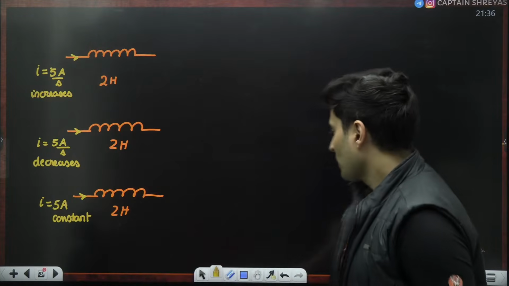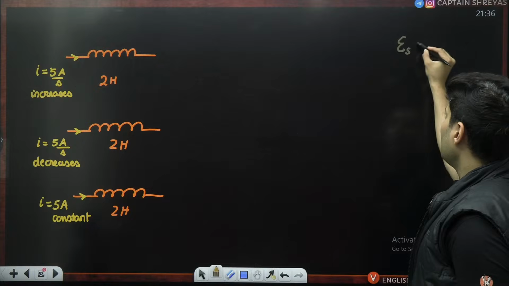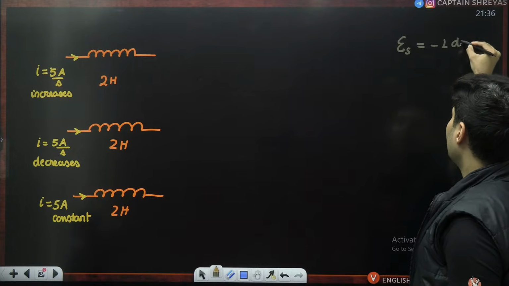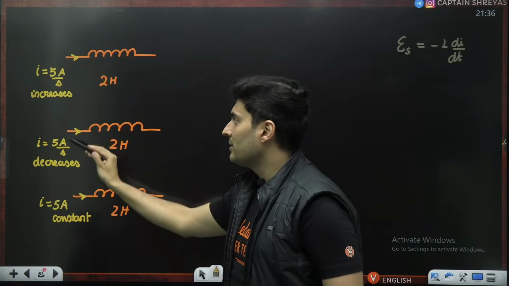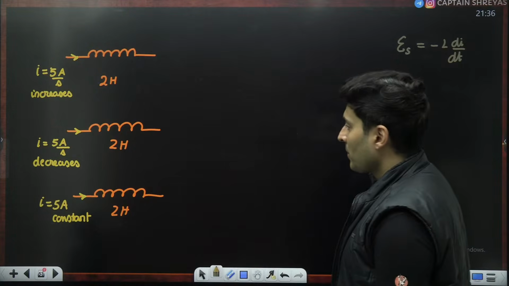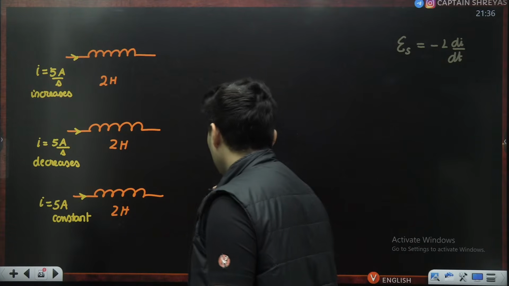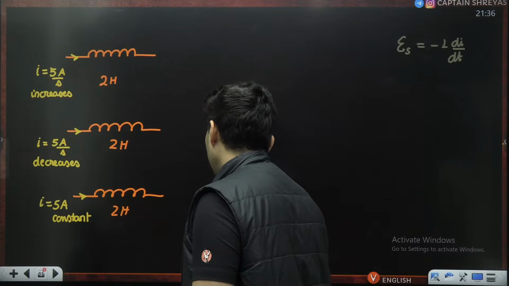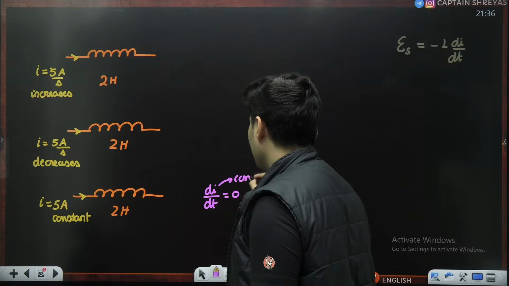I'll tell you. Do not forget our equation. The self-inductance EMF is negative L di by dt. Di by dt is given here. L is already mentioned, 2 Henry. If you notice here, current is constant. So technically speaking, over here, di by dt is big fat 0 because this current is a constant.